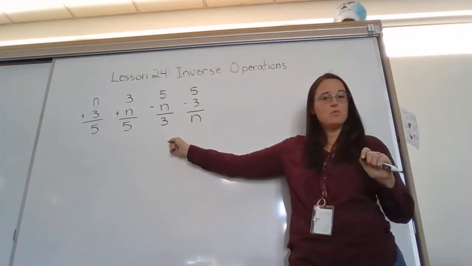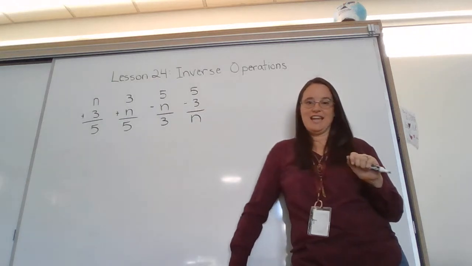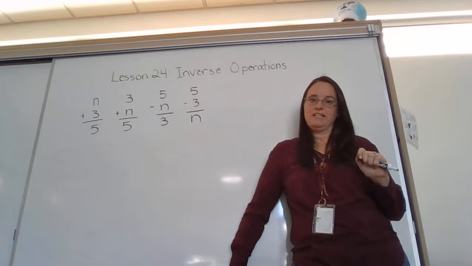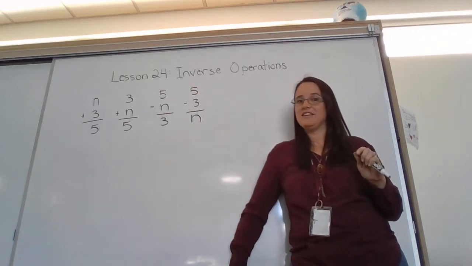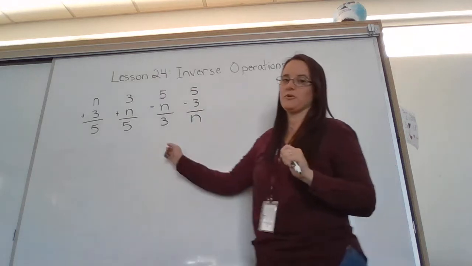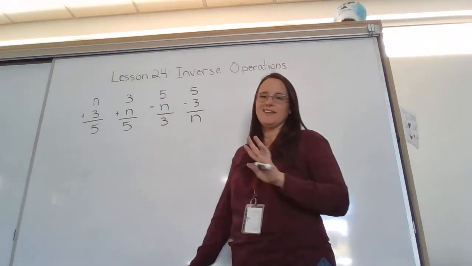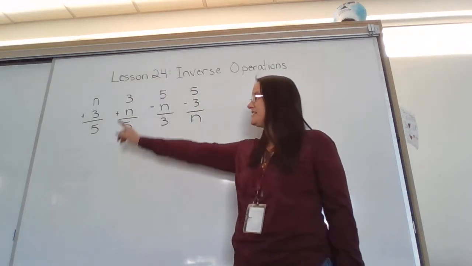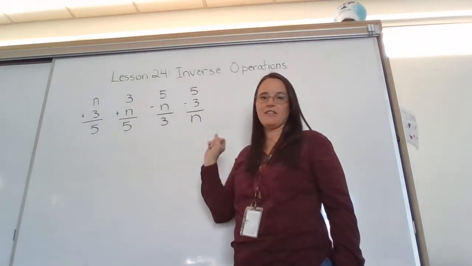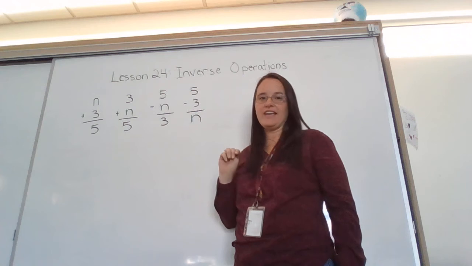So we're going to be working with fact families today, okay? And we can use our knowledge of fact families to help us use inverse operations to figure out tricky problems. So my first example here, not tricky, pretty simple in fact. We have the fact family of n, 3, and 5.